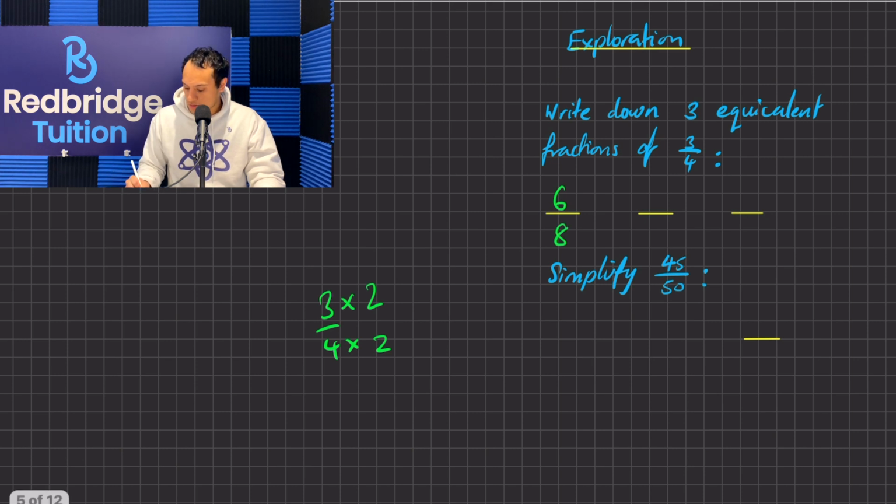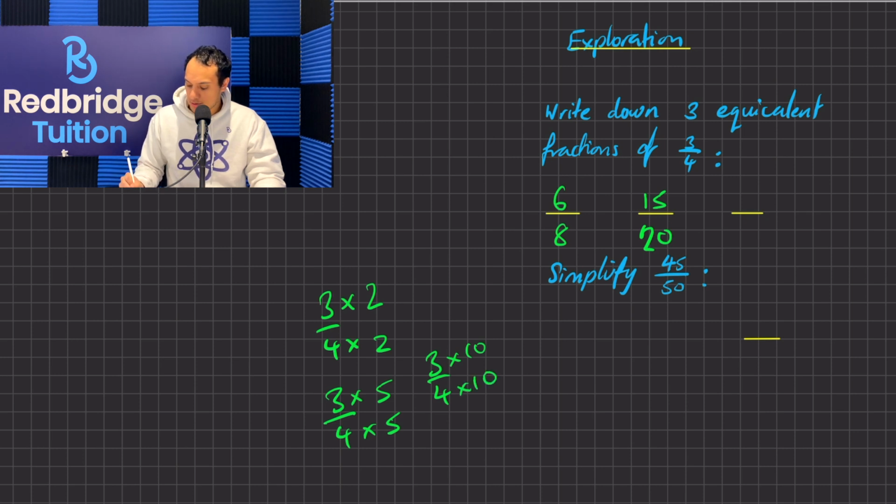Okay, we can also do, let's do 3 over 4, and then let's multiply them by 5. So I'm going to multiply 3 by 5 and 4 by 5. If I multiply 3 by 5, I get 15. If I multiply 4 by 5, I get 20. Okay, and then let's do 3 over 4, and let's times each of these by 10.